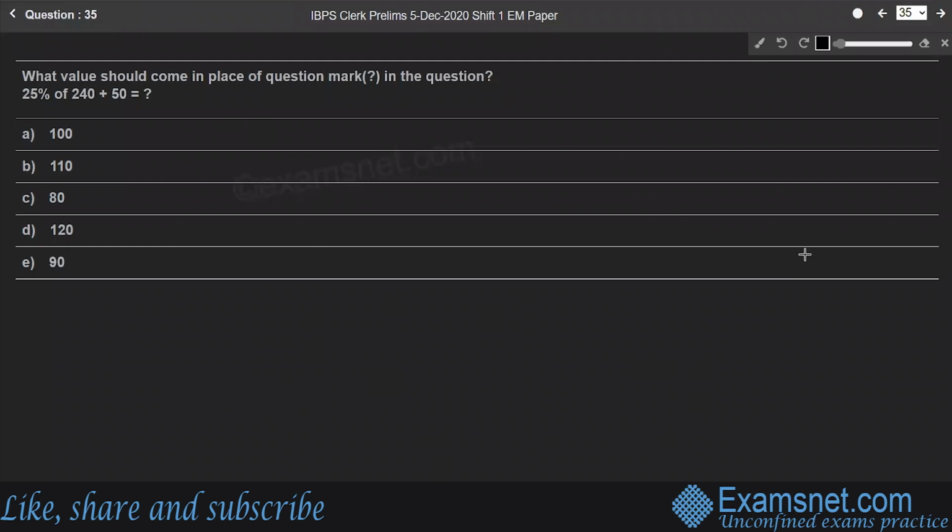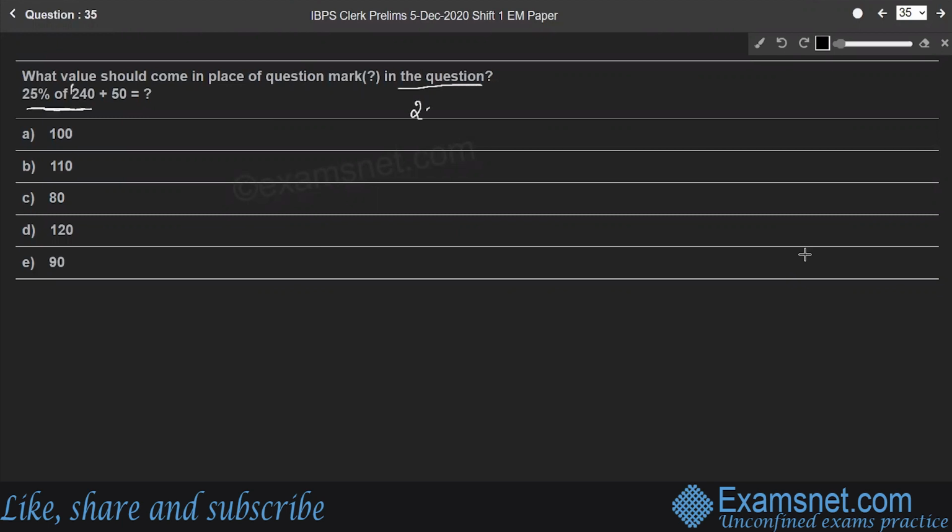Question 35. What value should come in place of question mark in the question? Here the question is 25% of 240 plus 50. Here they have not separated 240 plus 50 and 25%, so look at the question carefully.